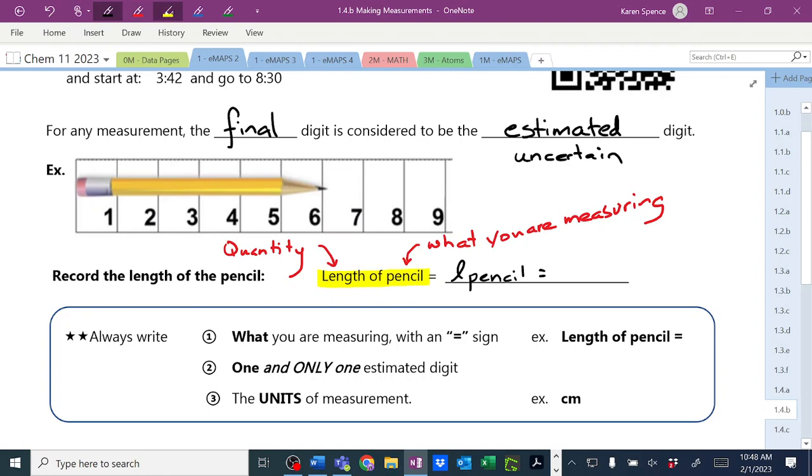You need to write what you are measuring, which is what we have done there. We need to include one and only one estimated digit. So if you had to estimate this, please tell your partner or someone near you what you think that estimated length would be. You should write down any digits that you are sure of and then one estimated digit. Tell your partner what you think the measurement should be.